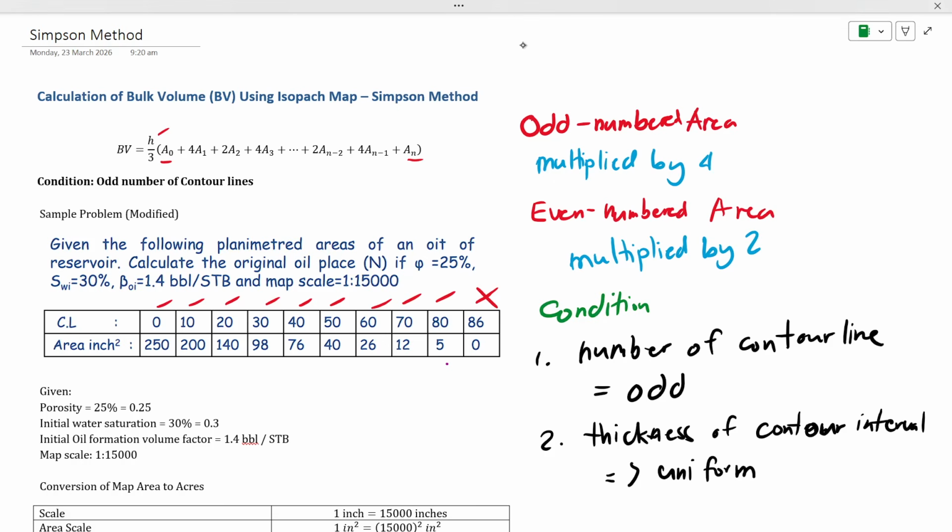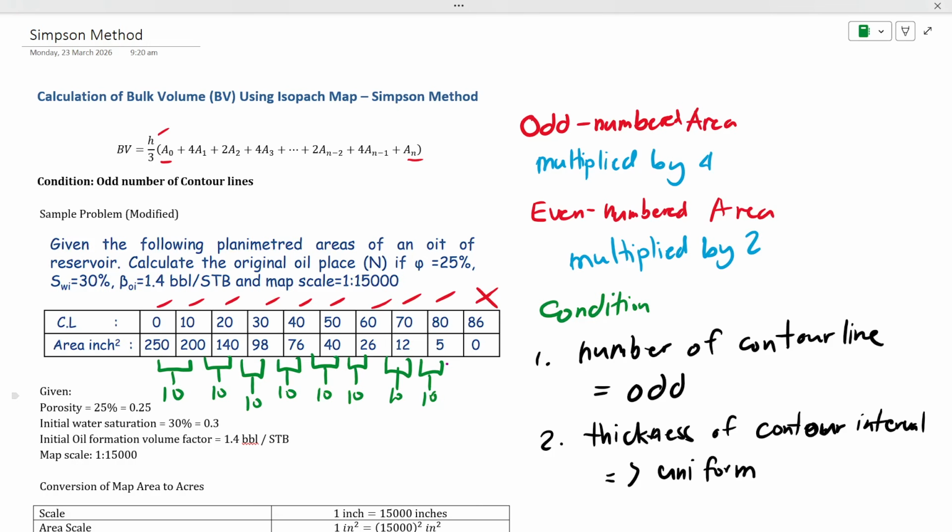Next, let's proceed to the thickness of every contour interval. If we check the contour interval 0 to 10, the thickness is 10. 10 to 20 is also 10, 20 to 30, 10, 30 to 40, 10, 40 to 50, 10, 50 to 60, 10, 60 to 70, 10, and lastly 70 to 80, 10.